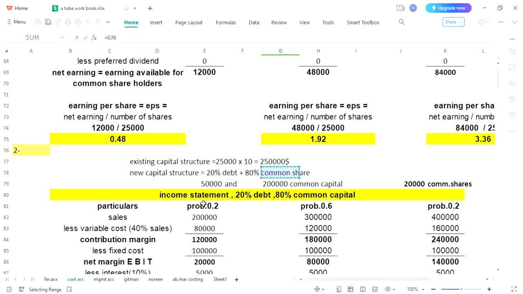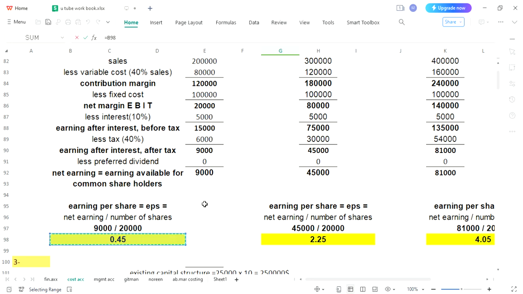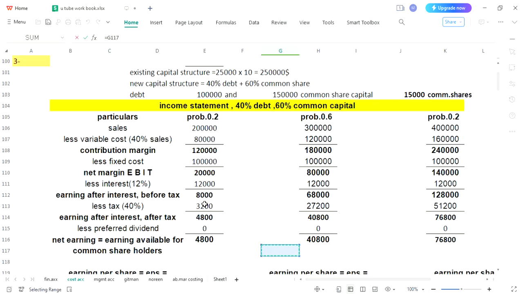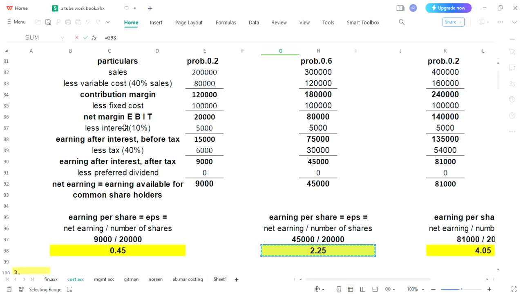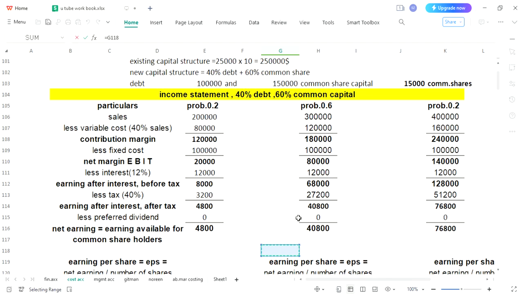First probability was 0.2, and the EPS which was calculated was 0.45. Where we have got the first EPS, we will go back to the second part, and this is your second part, and the second EPS is 2.25. So put it over here. Then we will go to 20%, that means the second part.